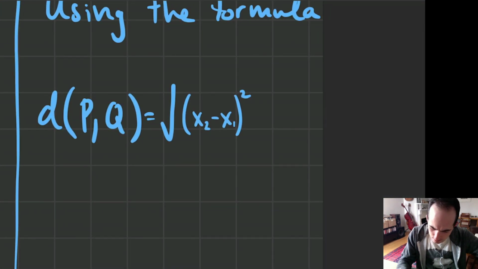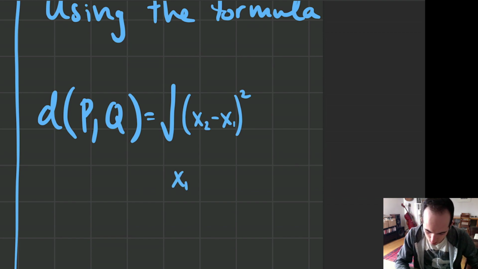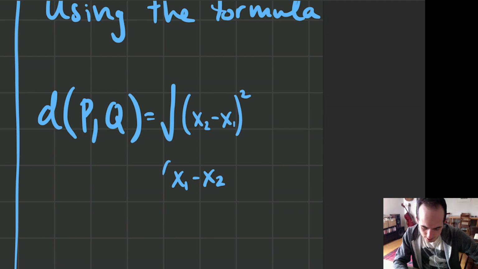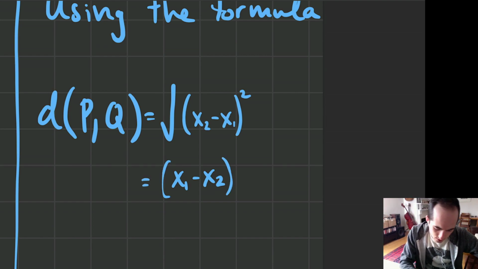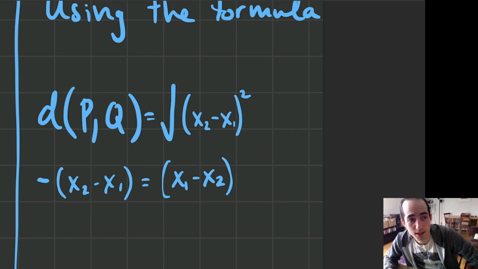Okay, so going back to here, if I change the order of a difference, like if I were to do x2 minus x1 versus x1 minus x2, it doesn't matter. These two things are almost identical. The only difference is that one is the negative of the other.